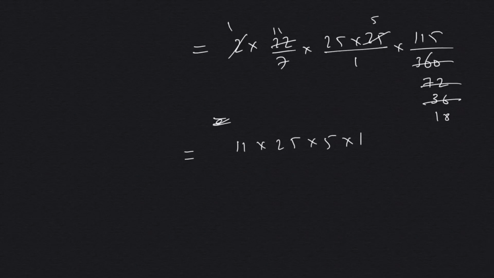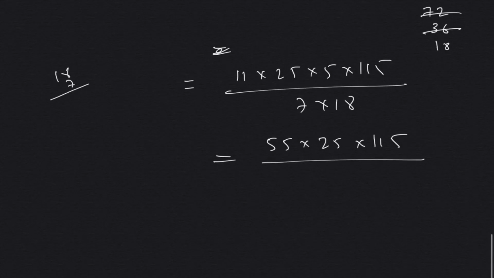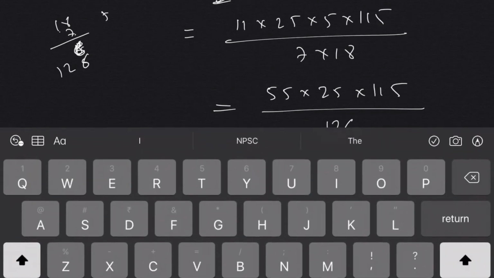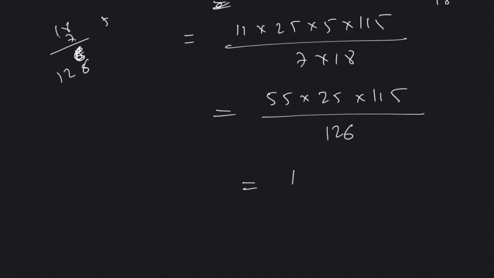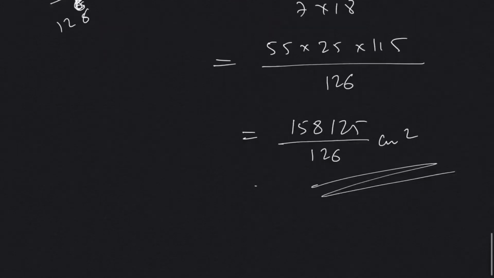So that will be 11 into 25 into 5 into 115 divided by 7 into 18. So this product will be 11 into 5 into 5 into 25 into 115 divided by 18 into 7, 7 8s are 56, 5 left, so 7, 126, and this product will be 158125 divided by 126 centimeter square.